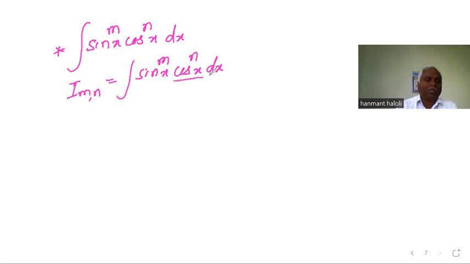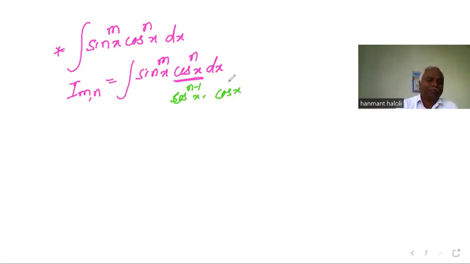I'll show you one simple step. Cos raised to n can be split into cos raised to n minus 1 x into cos x.